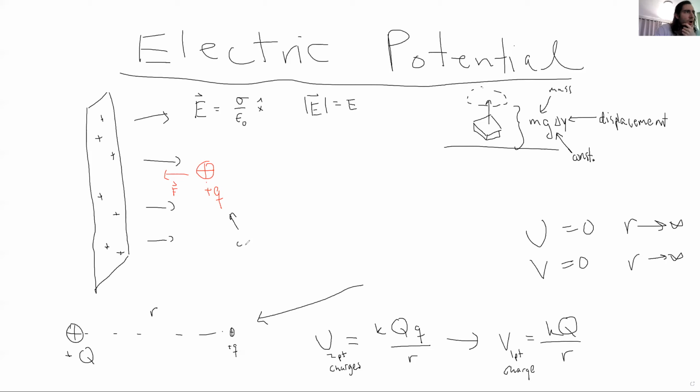We have just a charge. We have a constant electric field here. This electric field is constant. And we move from some position over here to some new position over here. And that displacement is, let's say, just a delta x displacement.